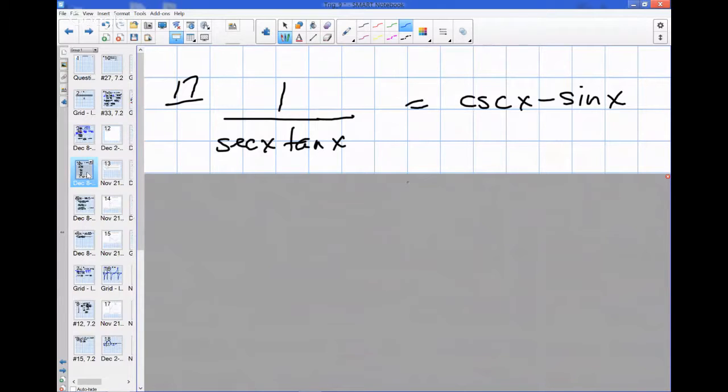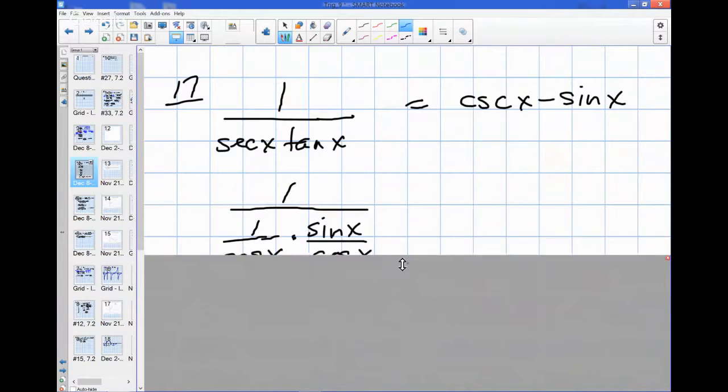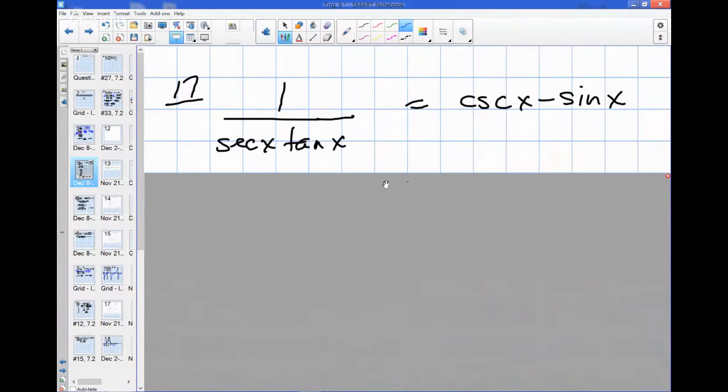I believe I'm going to be working on the left, and the main reason is because that stuff is all in the denominator. Now, right now, I don't see an immediate connection between secant and tangent being multiplied and cosecant being subtracting the sine of x from it.